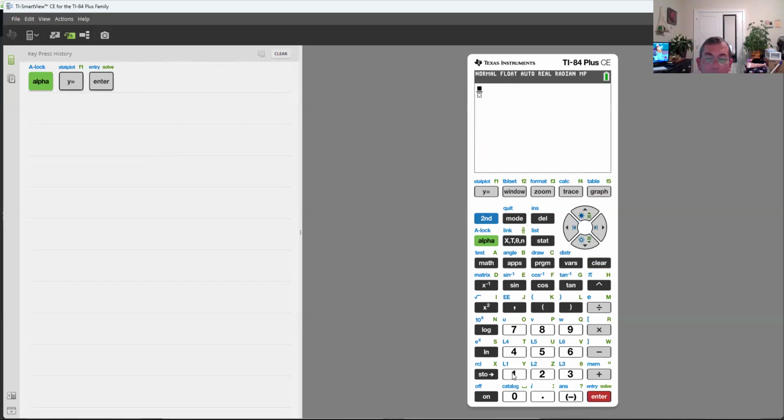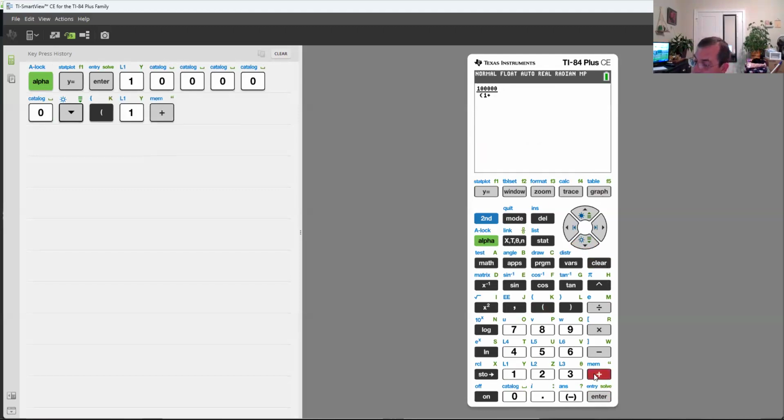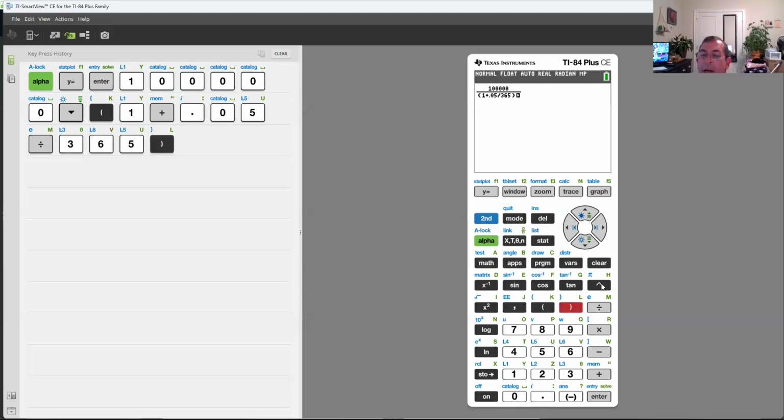So on top, you put in your 100,000. Then you arrow down. And here's where I got my parentheses. 1 plus 0.05 divided by 365. Close those parentheses. Hit the arrow up for the exponent and put in your 365 times 20.